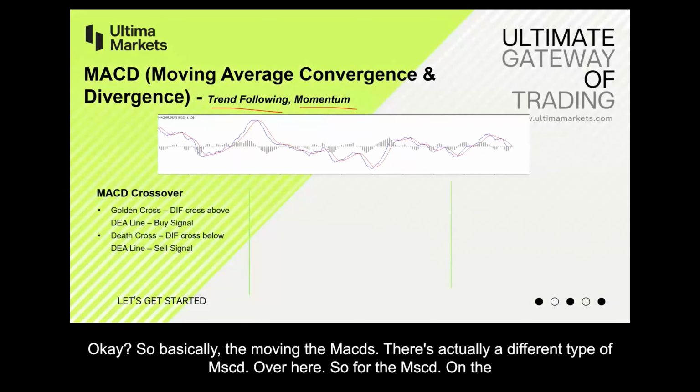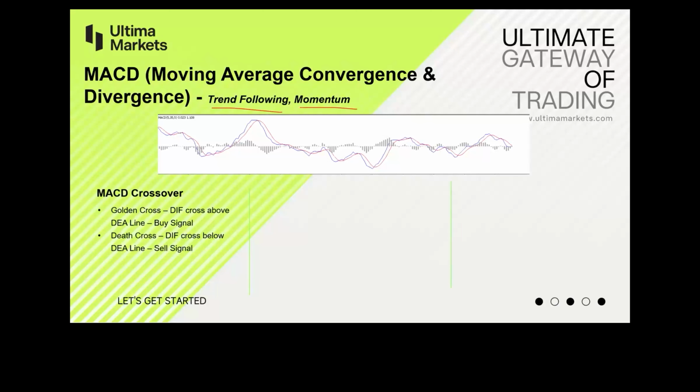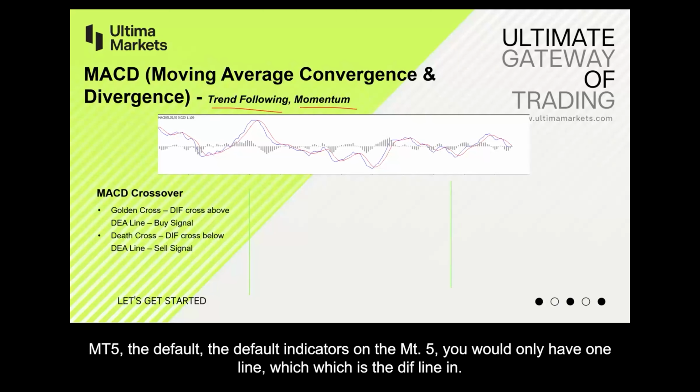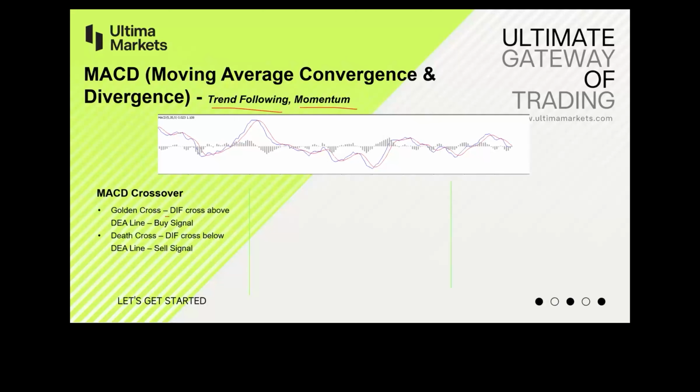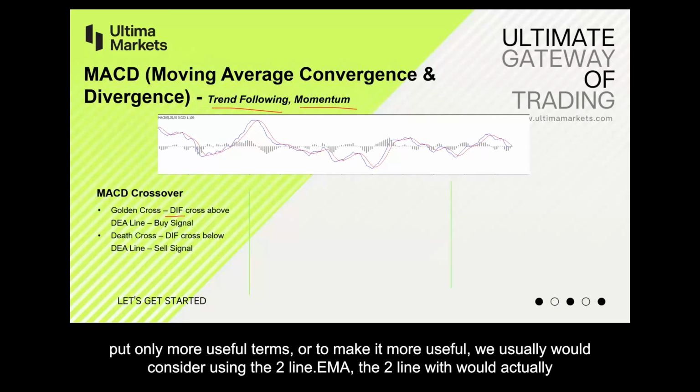There's actually a different type of MACD over here. For the MACD on the MT5, the default indicator on the MT5, you would only have one line, which is the DIF line. But to make it more useful, we usually would consider using the two-line MACD.